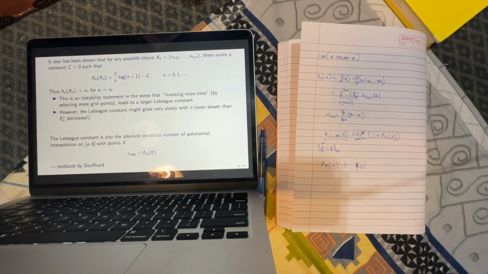Why does the Lebesgue constant go to infinity for n going to infinity? Why is the Lebesgue constant increasing?